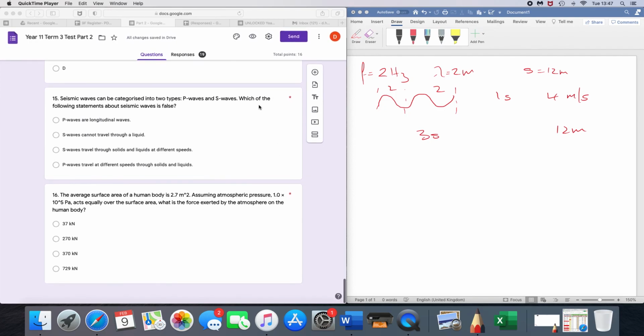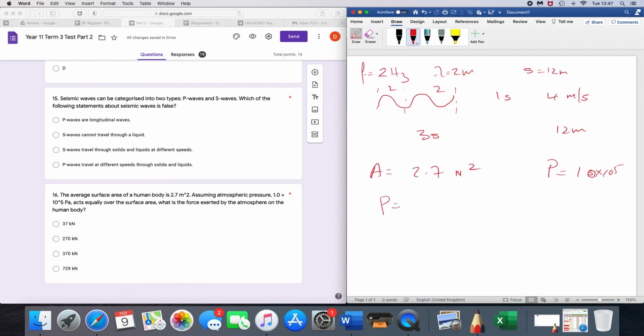Question 16. The average surface area of the human body is 2.7 meters squared. Atmospheric pressure is 1 times 10 to the 5 newtons per meter squared, or pascals. What is the force exerted?